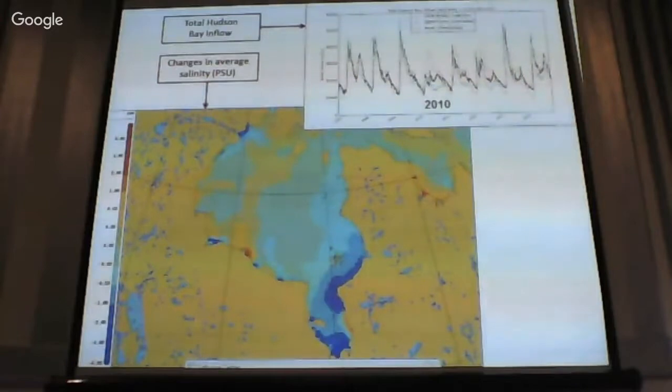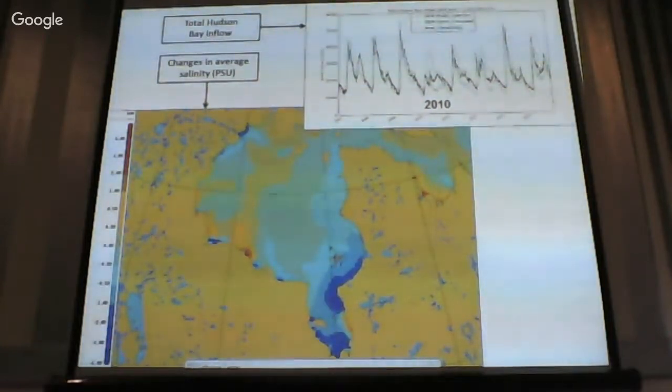So we can drive NEMO either with the climatology, that's typically how it's driven, with the monthly climatology, or with the time varying inflows. So I chose to look at the impact in 2010 because that's the year where we were departing the most from the climatology. Actually, the model didn't do very well in blue here compared to observations, but it was further even from the climatology. So the sensitivity is fairly high.